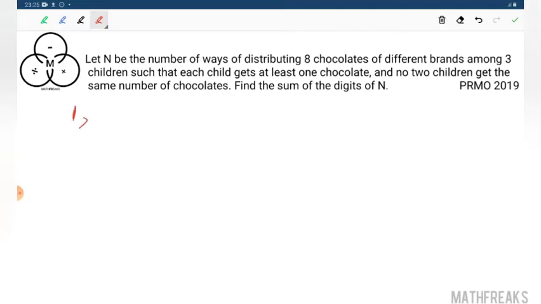This can happen as 1, 2, 5, or 1, 3, 4. Let's try with 2, 2, 4, 3, 3: here 2 children are getting the same number.